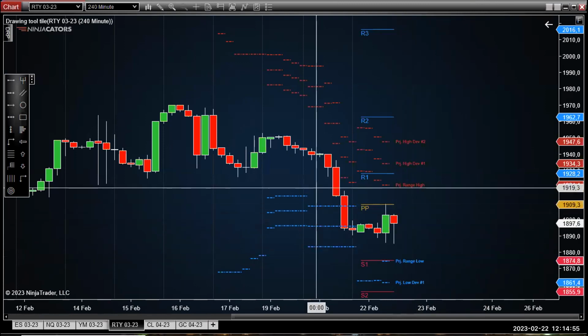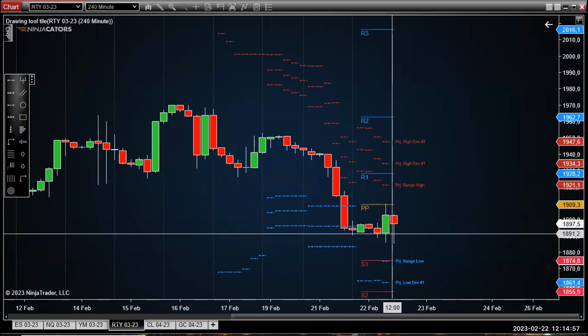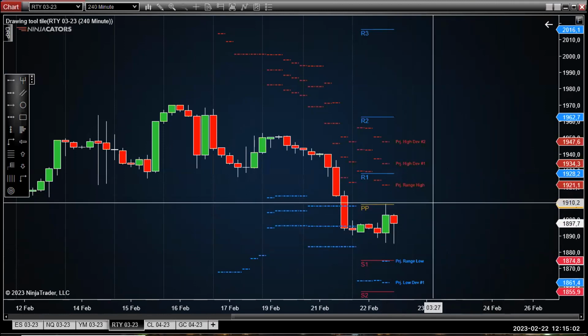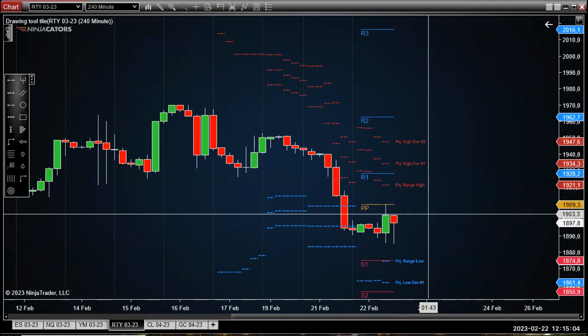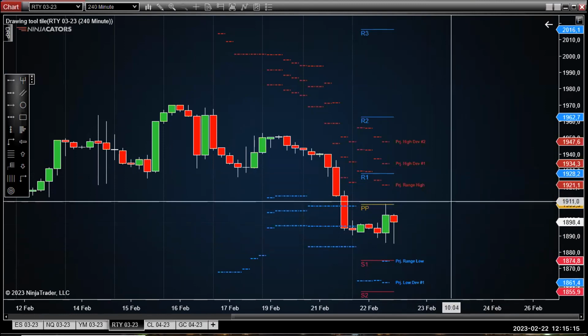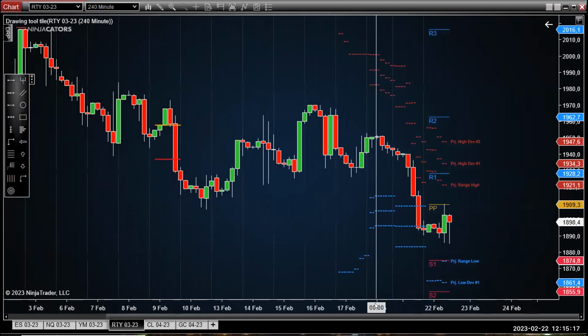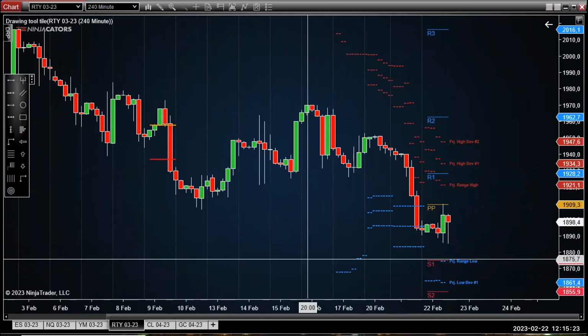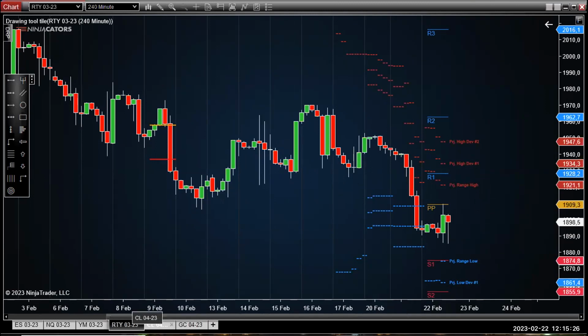On the other hand, if this was the end of that correction already, then a break today or tomorrow above the pivot point 1,909, I think we can see these projected range highs reach 1,921, potentially even R1 at 1,928. But again, cautiously bullish over the near term. I'm actually a bit more bearish, because I want to see price actually move into that lower median line on the ES that I've shown you, and then potentially find support and see what happens from there.